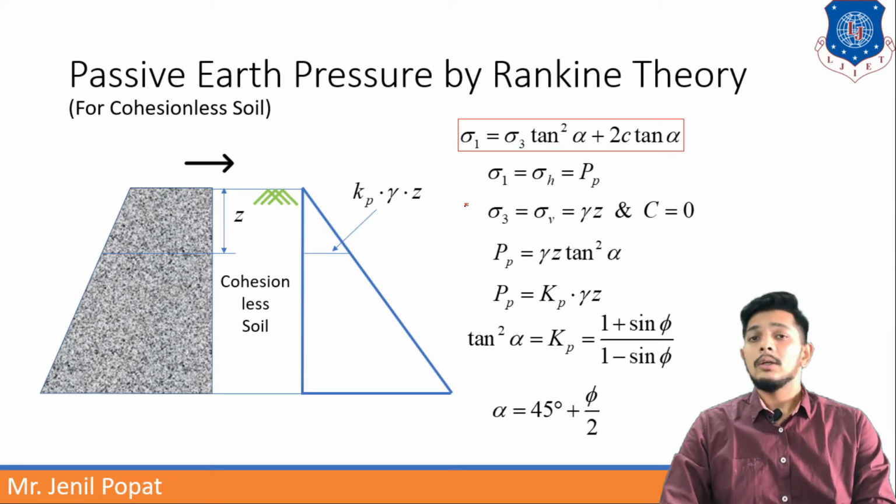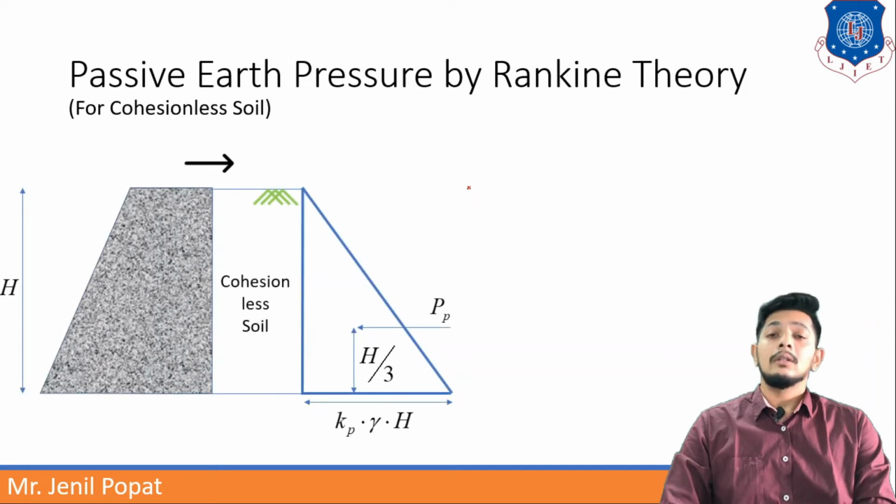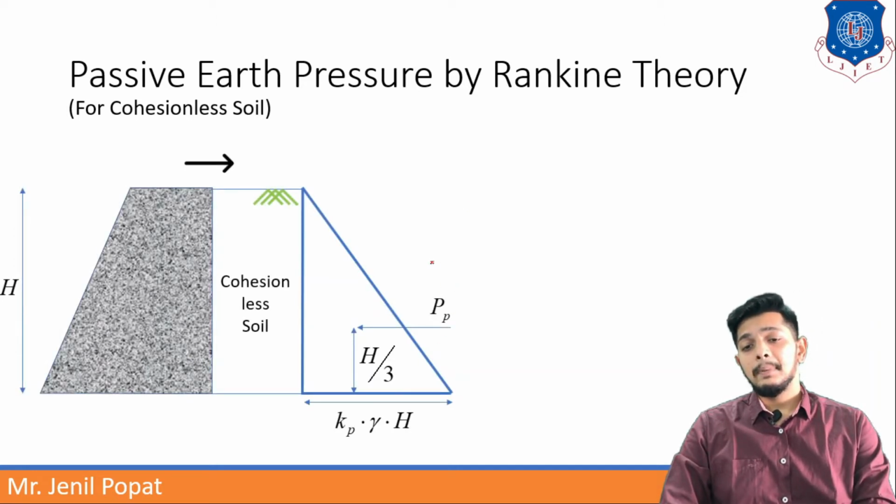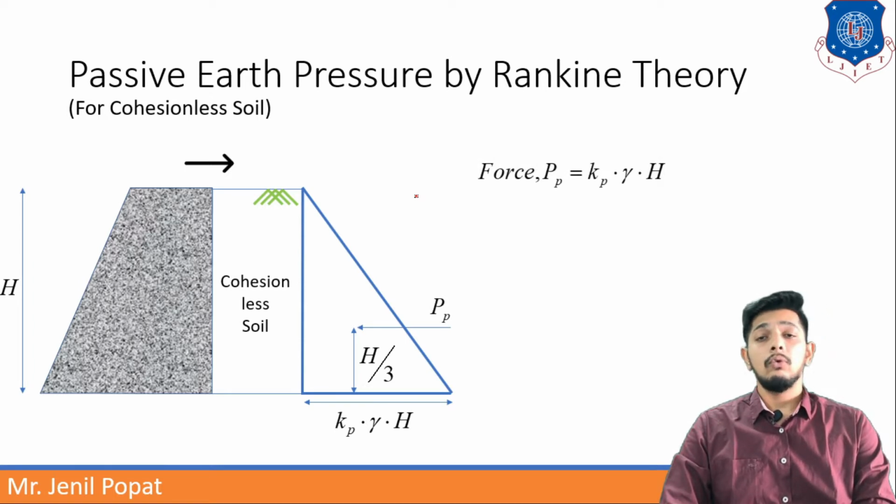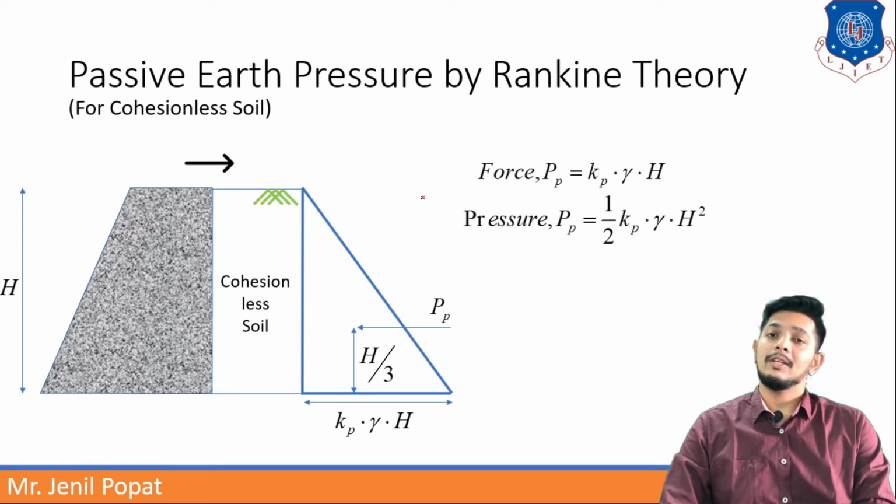Moving forward to this case, the pressure force will act at h by 3 height as the CG of the triangle of pressure diagram, and pressure at the base will be Kp into gamma into h. If we want to find out the pressure force, Pp will be half Kp into gamma into h square.